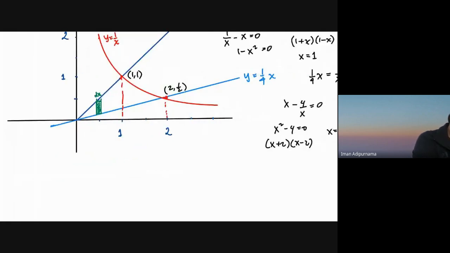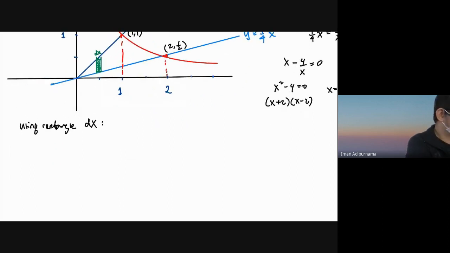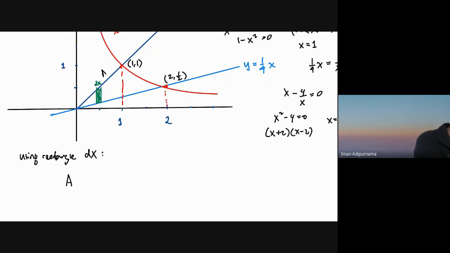Now first, when we have this, using rectangle dx, we will have the area, this is A1, A2.